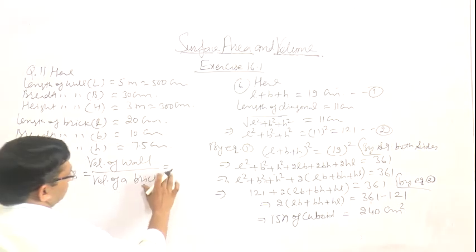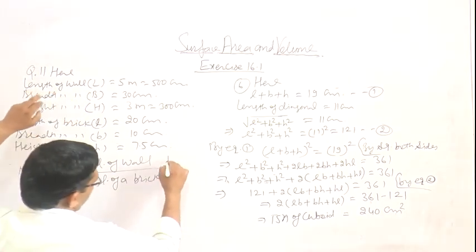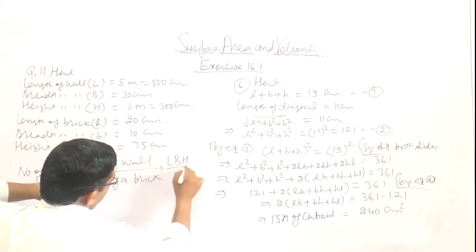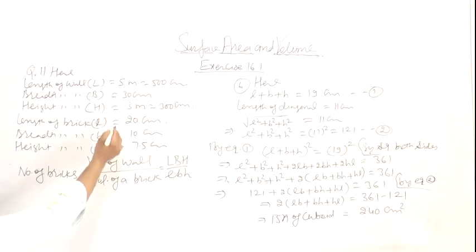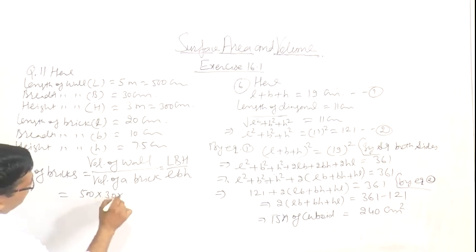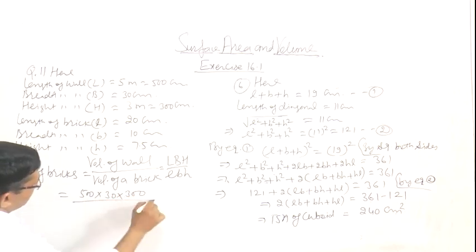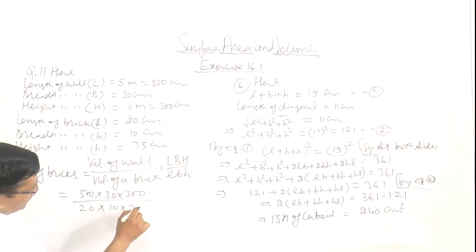Because dimensions of wall are represented by capital L, capital B, capital H, so capital LBH divided by small lbh is equal to 500 multiply 30 multiply 300 divided by 20 multiply 10 multiply 7.5.